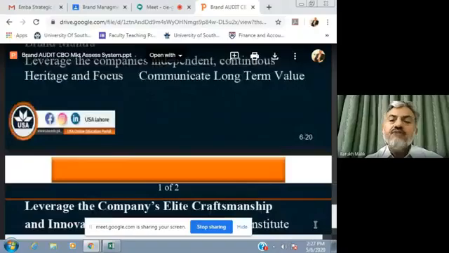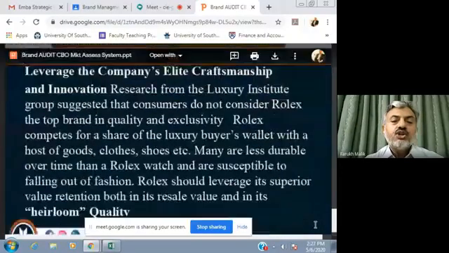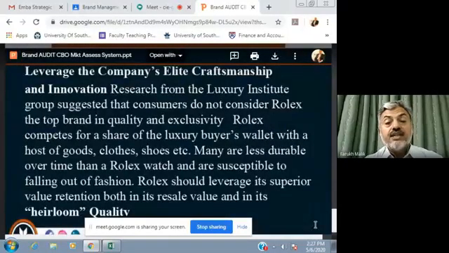So even in times of recessions and hard times, these companies do not compromise on the quality of the product that they make, because the people who buy these products are exclusive and they would like a high quality product no matter what the economic circumstances are. Leverage the company's elite craftsmanship and innovation.